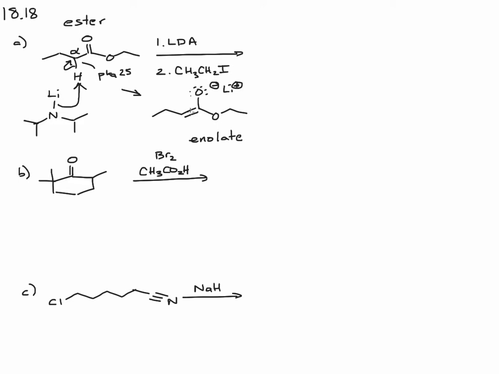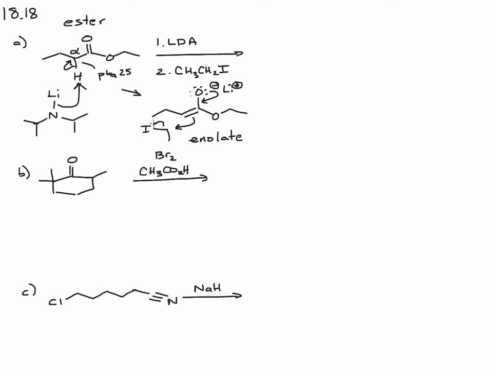So keep in mind, the mechanism by which the next step happens is what we've seen before. This is just a standard SN2 reaction. We're going to have the lone pair on oxygen reform the CO double bond. This pi bond is now going to be the nucleophile, and it is going to displace the iodide from the ethyl iodide. So here's our ethyl iodide. Here's our CH2 carbon.